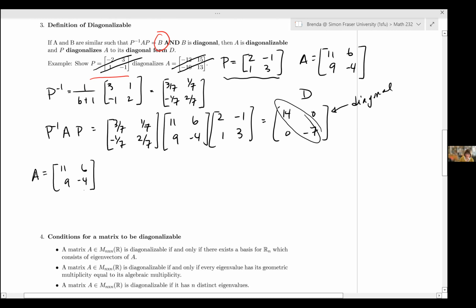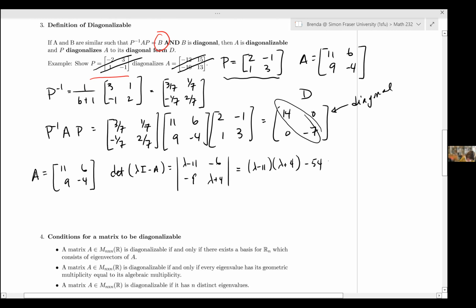There it is. I'm going to compute the eigenvalues of A. So I will take the determinant of lambda I minus A. That'll be the determinant of lambda minus 11, minus 6, minus 9, lambda plus 4. And that's going to be 4 minus 54.